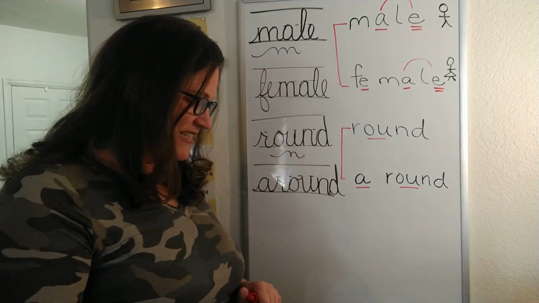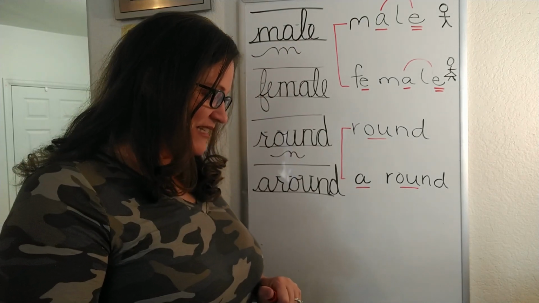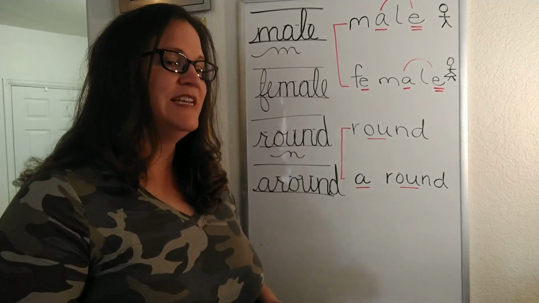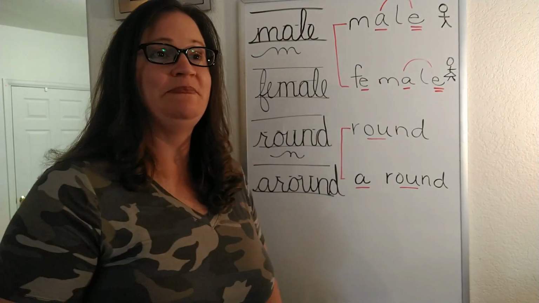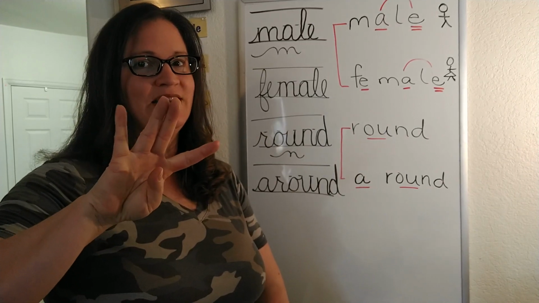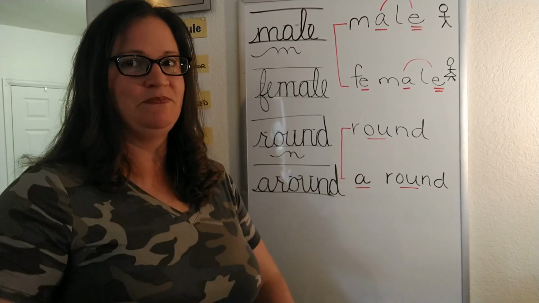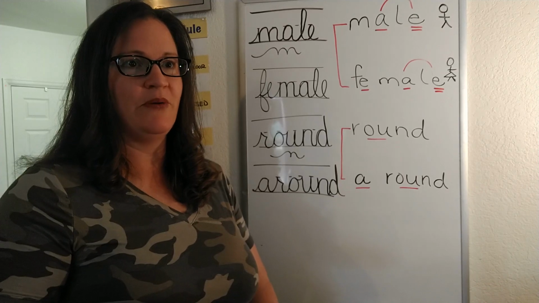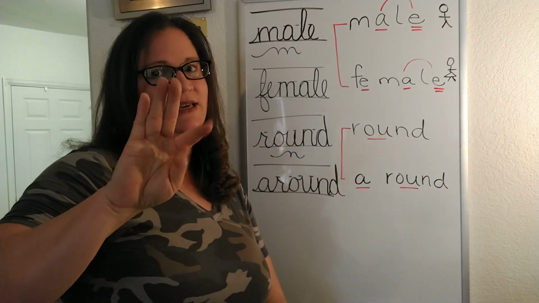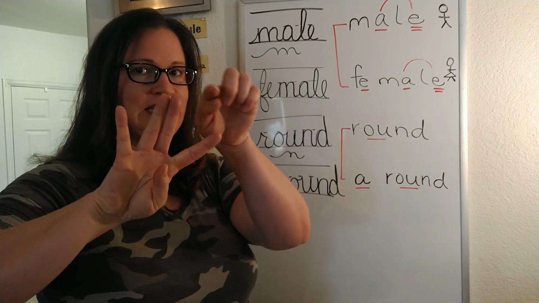The next one is seen. No man has seen God at any time, says 1 John 4:12. Seen. Ready? Seen. S-E-N. Do it with me. You're shaking the whole camera there. Ready? Do it with me. Seen. S-E-N. Seen.